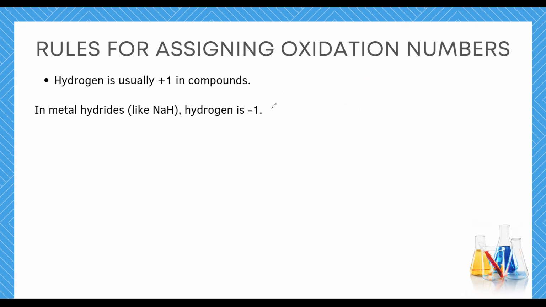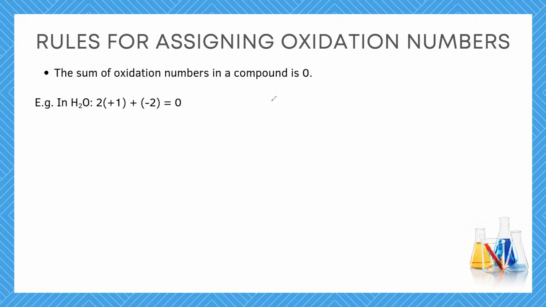Now, as we begin to solve for the oxidation numbers of individual elements, we'll be bringing all these rules together. Okay, so now here is this rule that says the sum of oxidation numbers in a compound is 0.